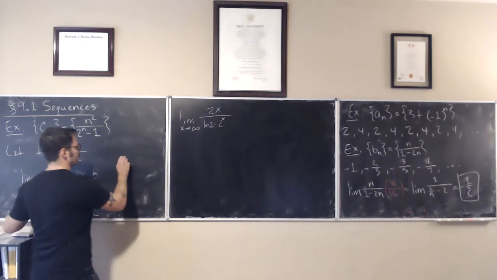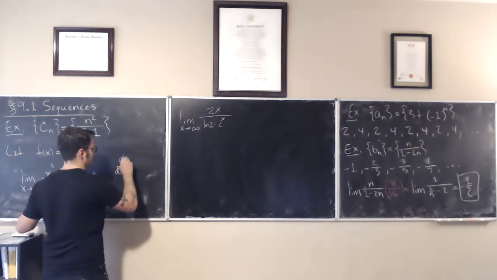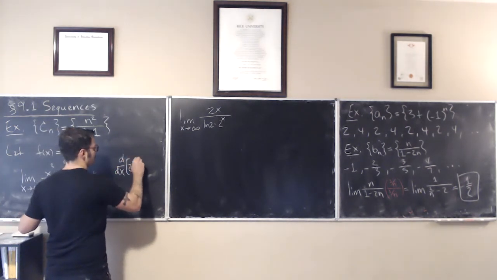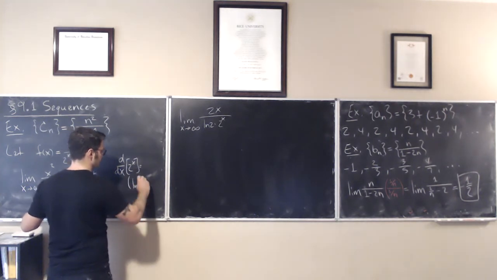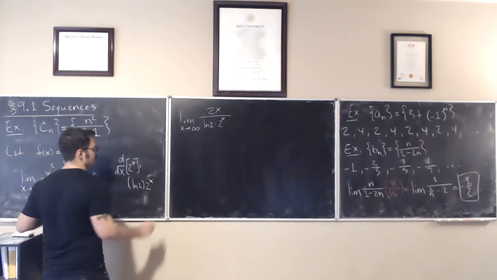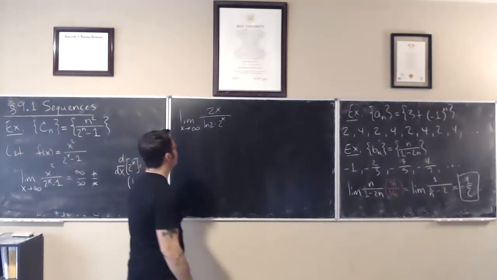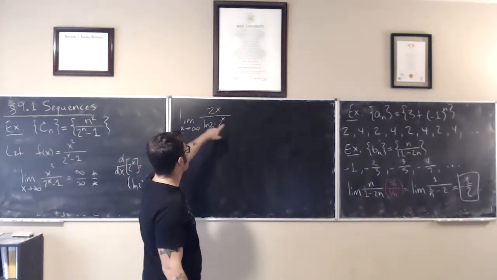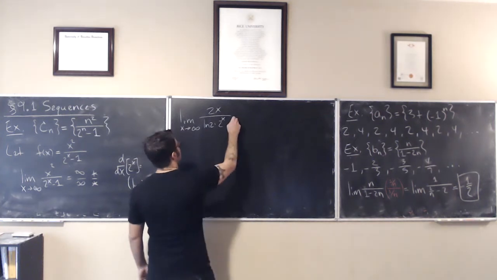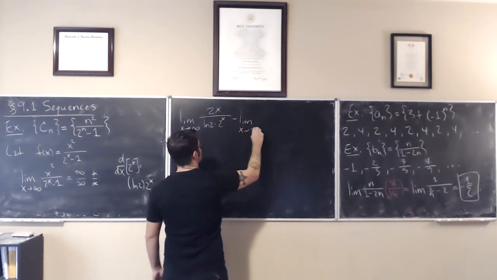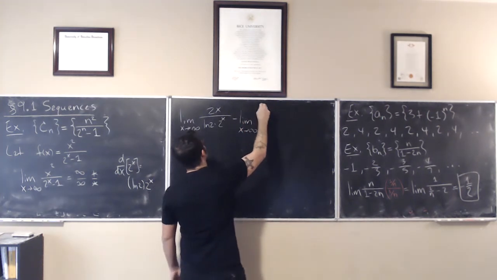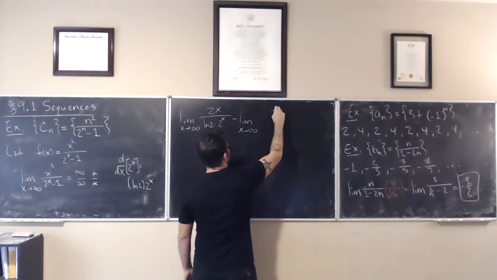So you have to remember that the derivative with respect to x of 2 to the power x is equal to natural log of 2 times 2 to the power x. And then I see 2 over 2 to the power x, which is going to be equal to the limit as x goes to infinity of, I can get rid of the 2's and just write this.